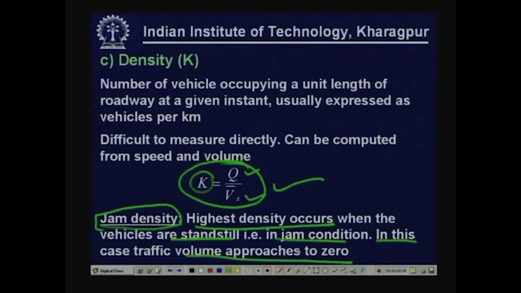Why does traffic volume approach 0? Because vehicles are almost standstill. Because they are so packed, the speed or the flow has virtually come down to 0. So, during the jam hour, if you try to measure how many vehicles are crossing at a particular location, you will get almost nil or a very small number.